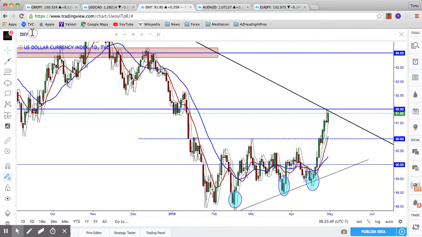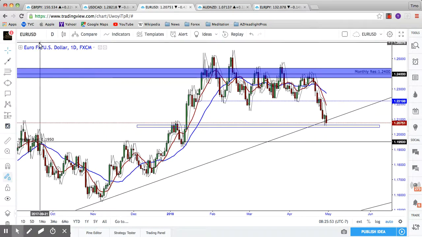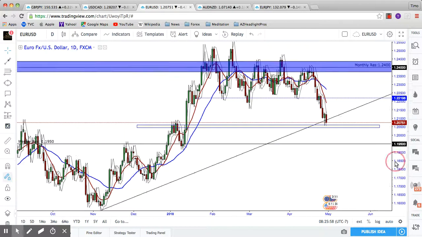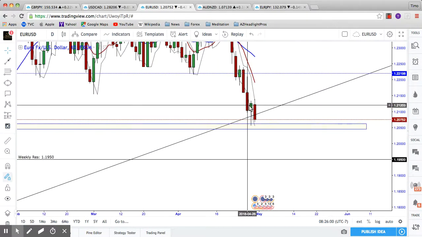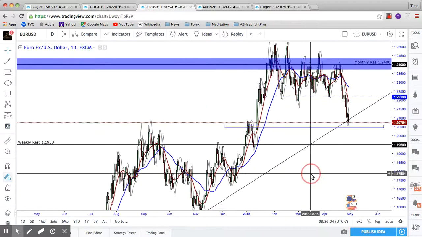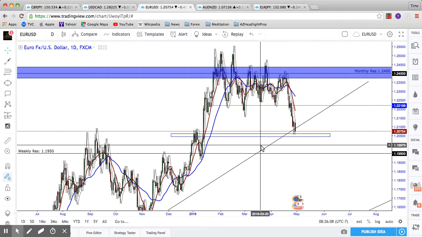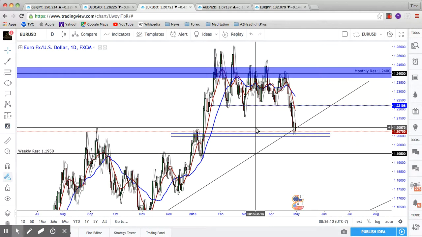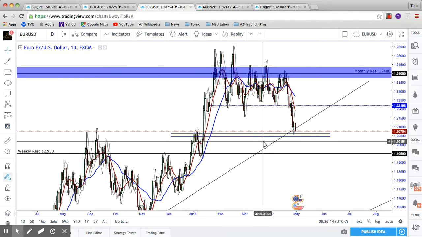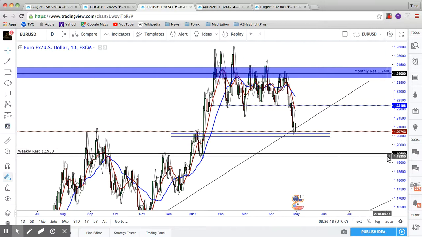Last but not least, the talk of the week, guys, Euro versus the US dollar. Euro versus the US dollar has been extremely interesting, guys, because last week on Friday, we closed as a bullish hammer. Also, this is our third touch to our trend line, with 1.2100 being our support level, 1.2050 to 1.2100 being major support.